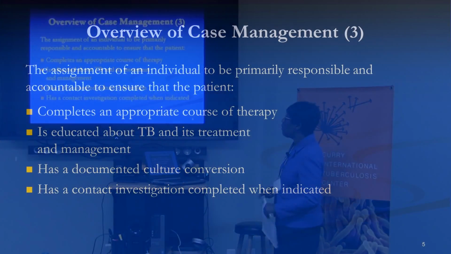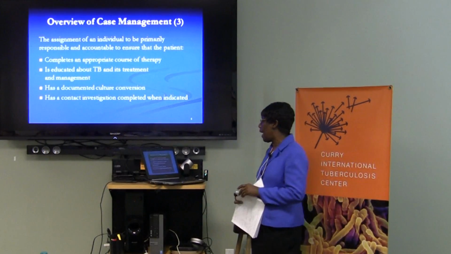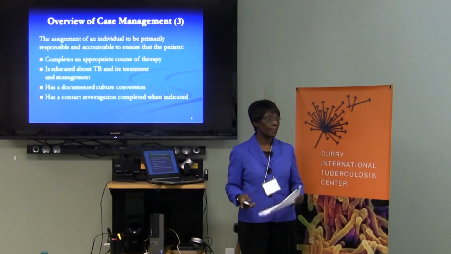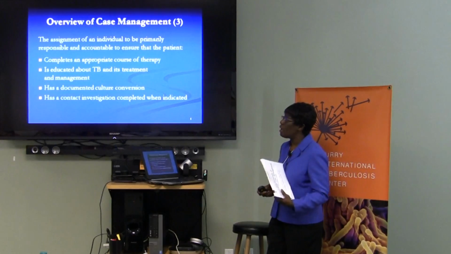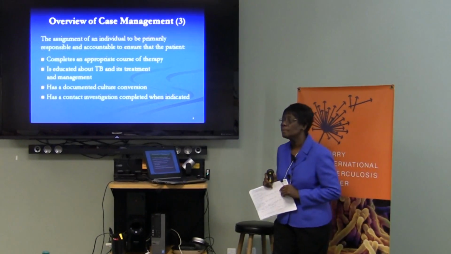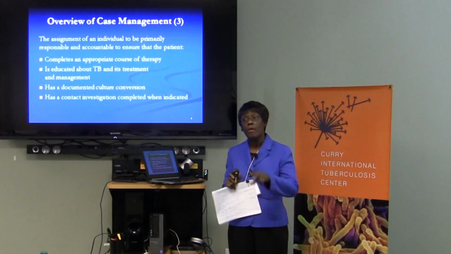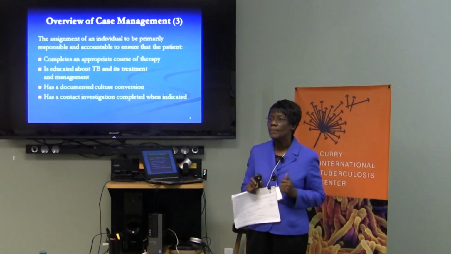All right. So the other thing in terms of your responsibilities, right, you're ensuring that a patient has documented culture conversion, right? So when we look at culture conversion, why is that important? Means the treatment is working. Now, do we use culture conversion to measure communicability, or what do you use? Smears, right? So what's the criteria for assessing, is this patient most likely no longer communicable?